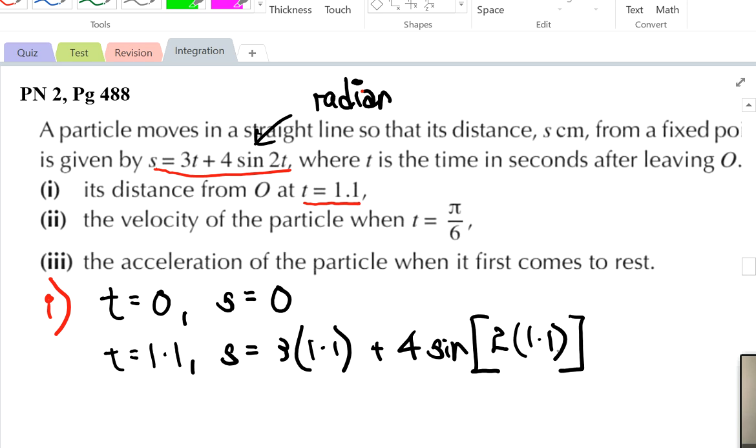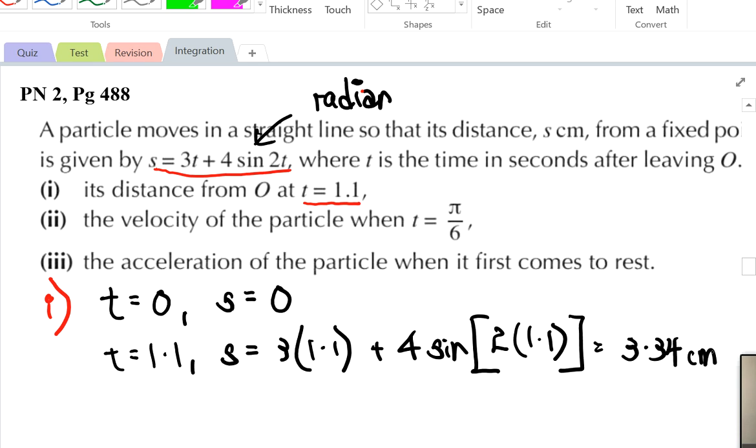Remember I went through with you all how to press the calculator. So Zuo Hong, what answer do you get for this one? 3.34 cm. Does everyone get 3.34? If nobody says anything, I presume it's correct, because I'm not using my calculator.